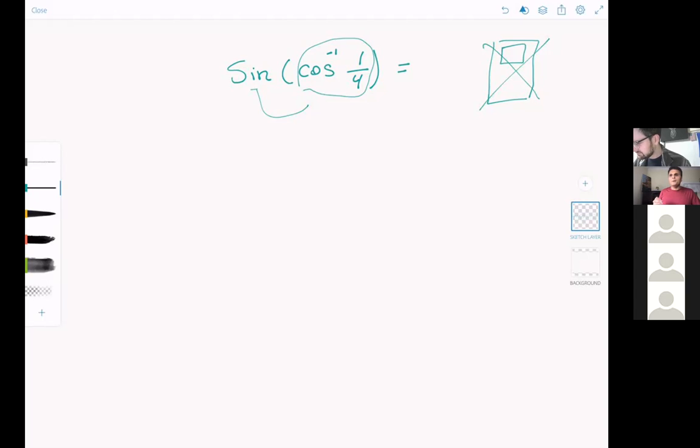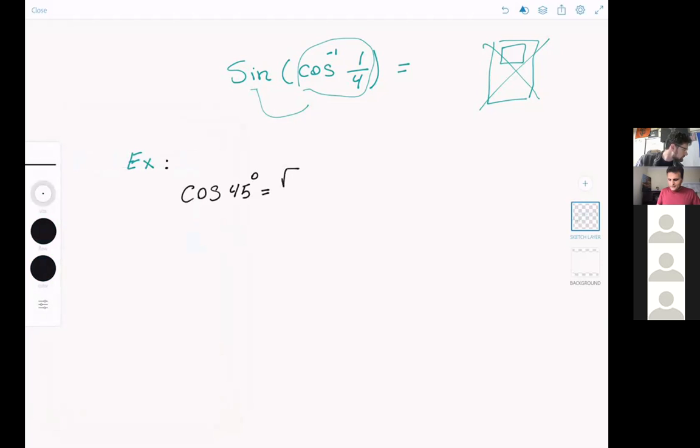So what do we know about the inverse? This is an example. Cosine of 45 degrees equal to radical 2/2, correct? This is a fact.